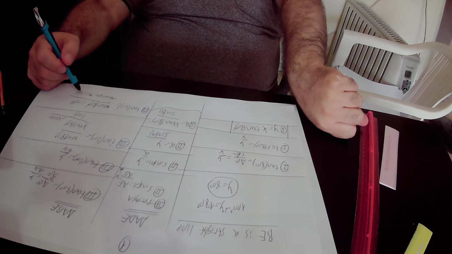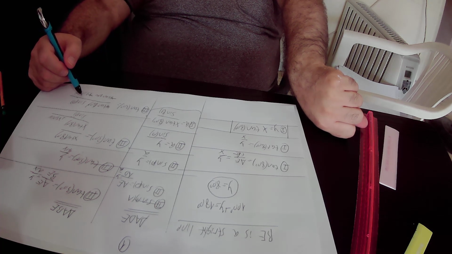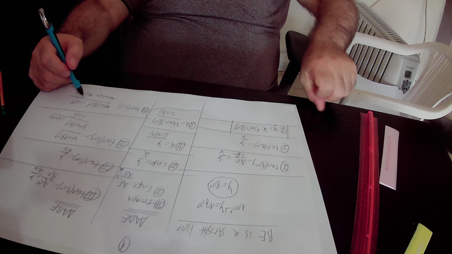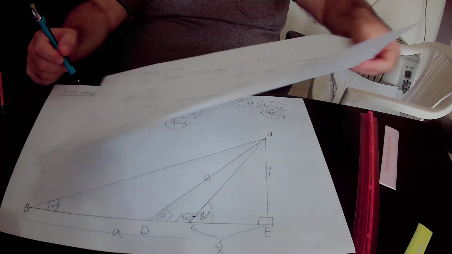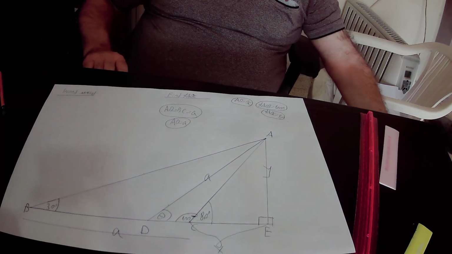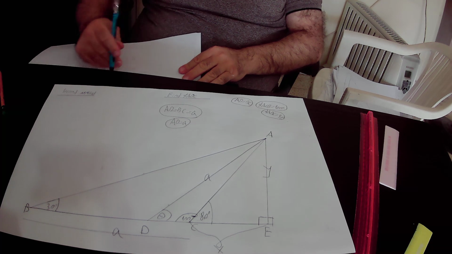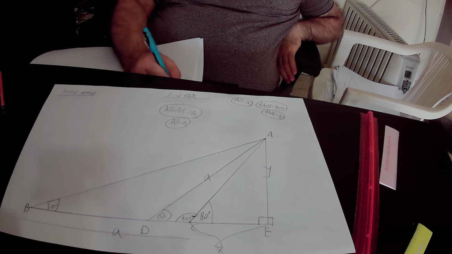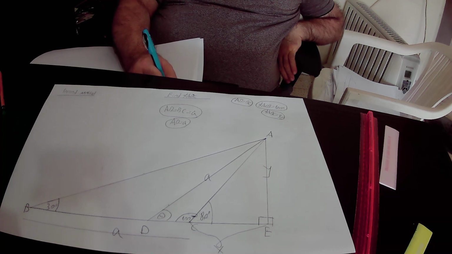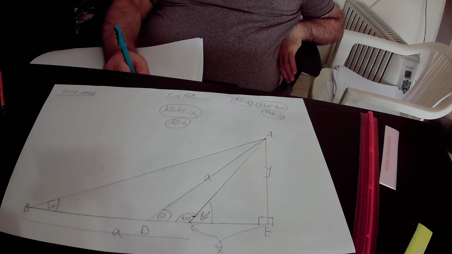And we also know that tangent 30 degrees equals 1 over square root of 3, so I'll write it down.